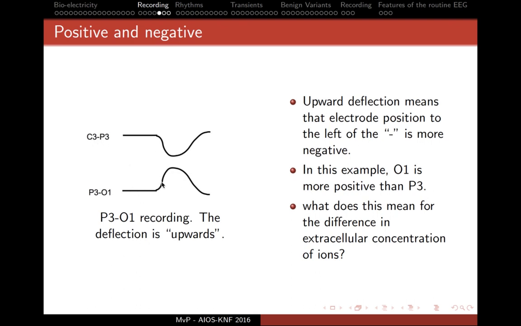If the curve bends upwards, then it means that the left part of the electrode is more negative than the one on the right. So in this case, P3 is again more negative than O1. So that's the convention. So you could also say it points, if you consider this a direction, downward to the right electrode, and it points, if it goes upwards, to the left electrode. And pointing to means that that particular electrode is more negative than the other one.